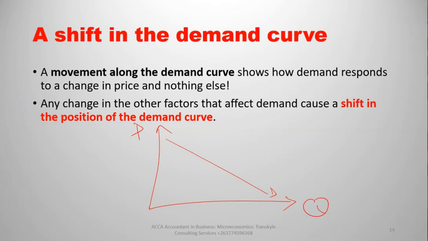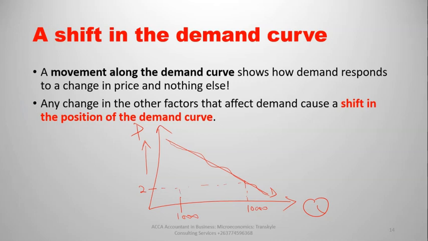So when you are talking of the movement along the demand curve, we are simply talking of the movement along this line. Okay, so we have discussed this, where we say that the higher the price, it means the quantities that are going to be demanded are lower. Let's say this is a price of $2, the quantities that can be demanded will be this much. Let's say this is 10,000 units and this is 1,000 units.